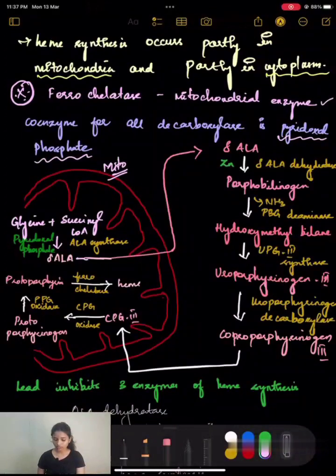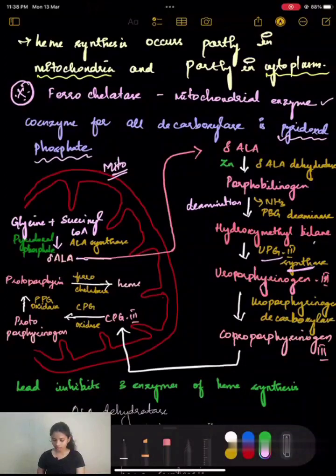This porphobilinogen, as I already told you, undergoes deamination where ammonia leaves, so it is converted into hydroxymethylbilane. Now this hydroxymethylbilane, with the help of the enzyme called UPG3 synthase, because you are synthesizing UPG3 here, so automatically the enzyme will be synthase. Remember like that. So hydroxymethylbilane is converted into uroporphyrinogen 3 with the help of the UPG3 synthase enzyme.